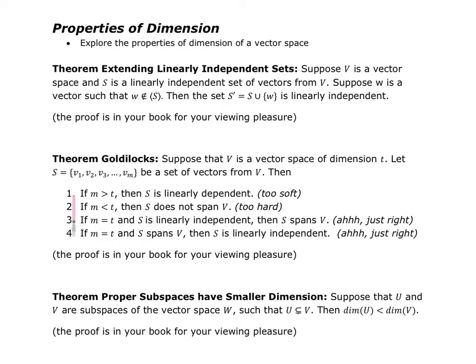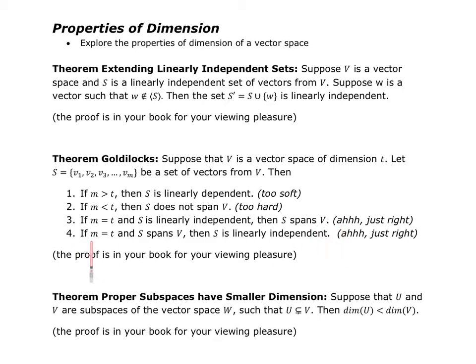If the number of vectors in S is less than the number of vectors in the basis of V, then S does not span V, and then we say it's too hard. If the number of vectors in the set S equals the number of vectors in the basis for V, the dimension, then S is linearly independent and it will span V, which is just right.